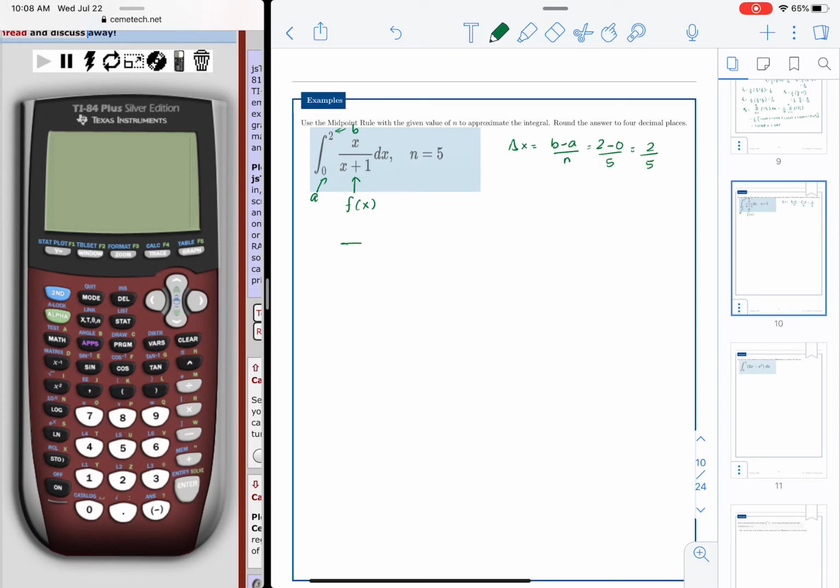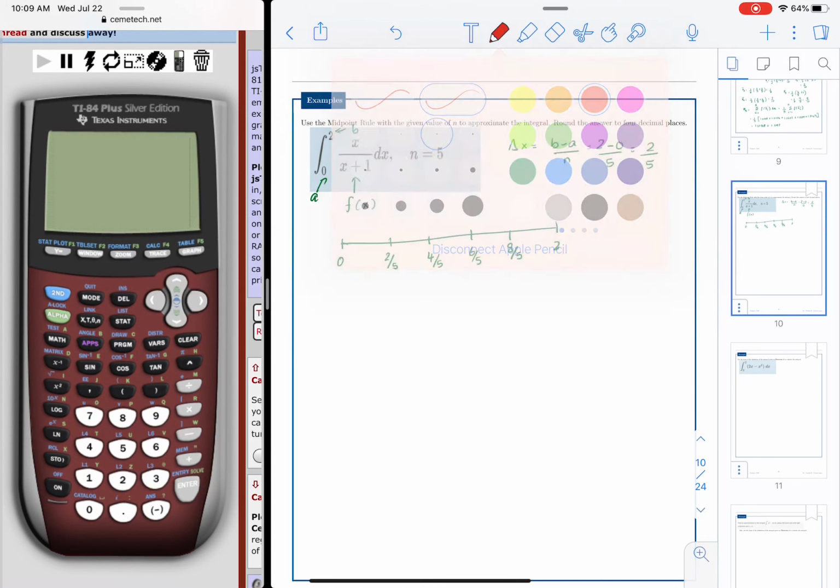So we have 0 to 2, 2 over 5, 4 over 5, 6 over 5, 8 over 5, and 10 over 5 is simply 2. So what are the midpoints?